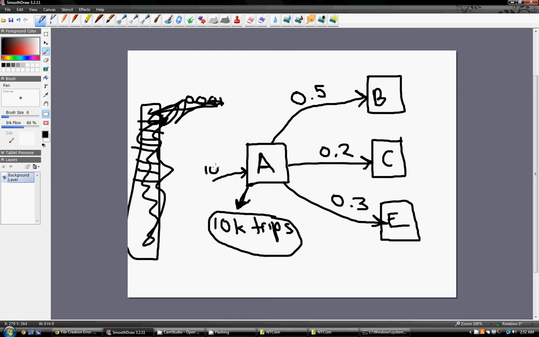They always have to be the same, just for symmetry. 10,000 trips coming in, 10,000 trips going out. So if we know there's 10,000 trips going out, then we can say, okay, well, there's 5,000 going to B, 2,000 that go to C, and 3,000 that go to E, and that's easy.